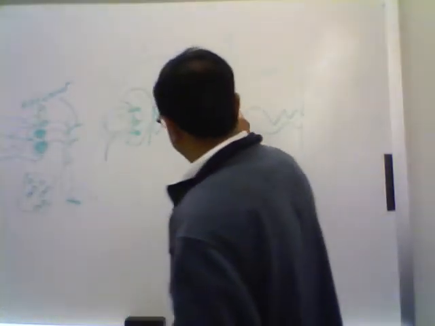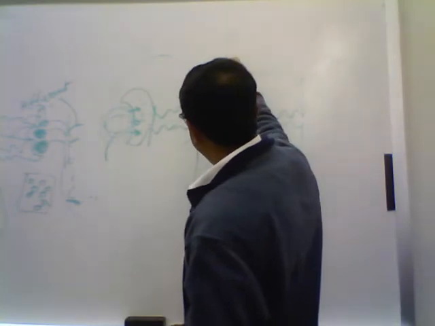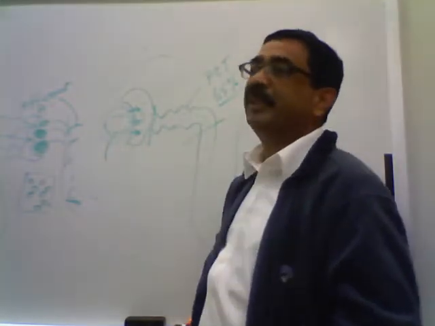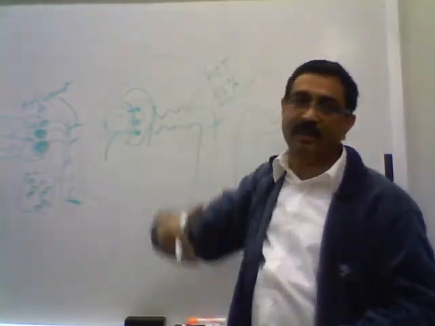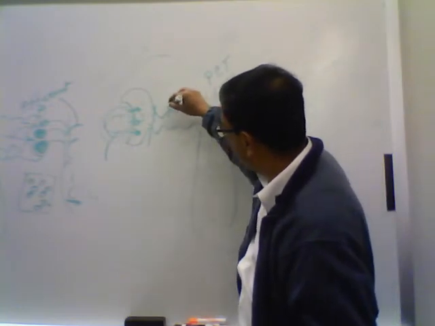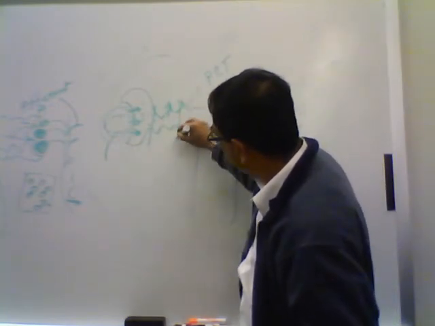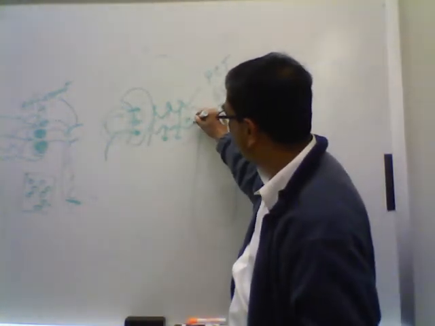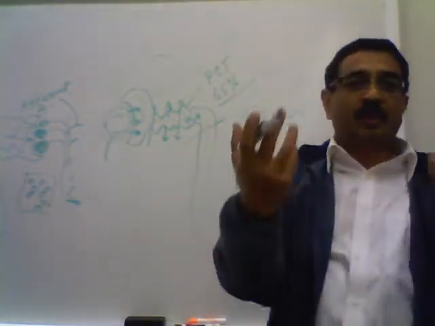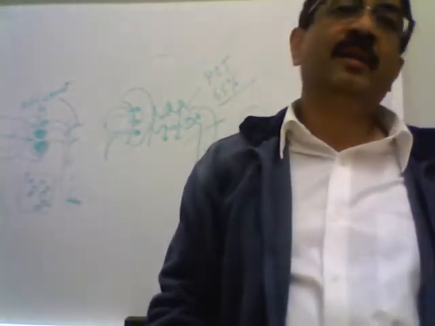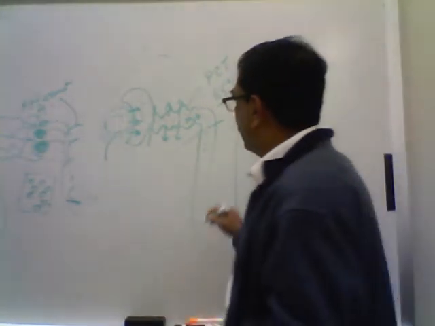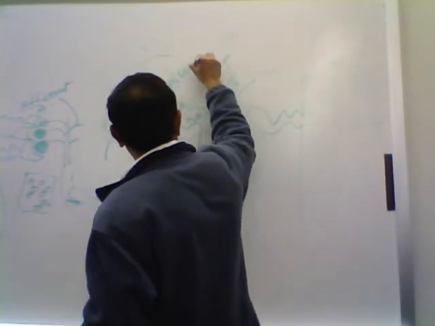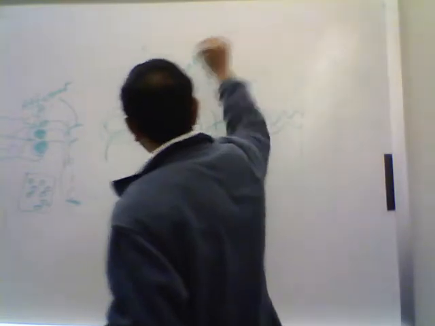When the fluid passes through the proximal convoluted tubule, 65% of everything is taken back into the body through the wall of the nephron. That means water and other chemicals here will be taken back into the body, and that is called reabsorption.